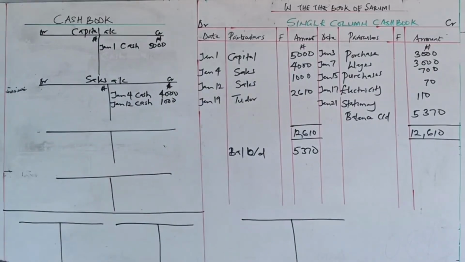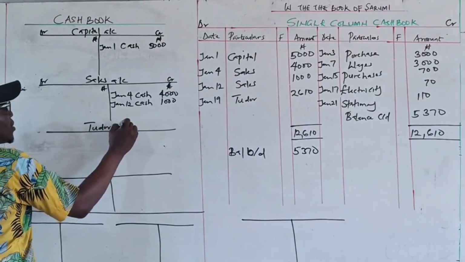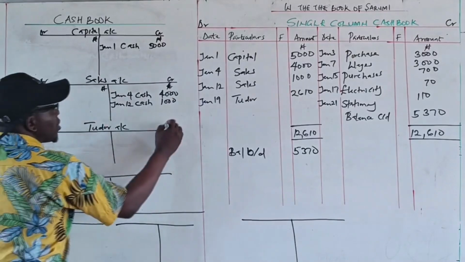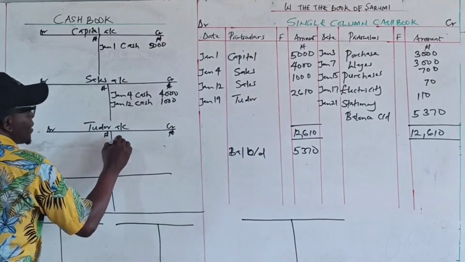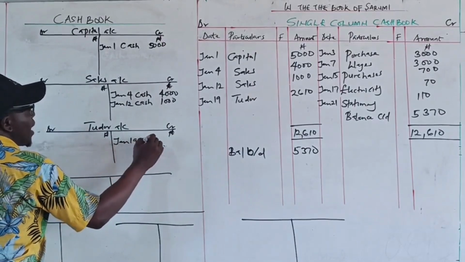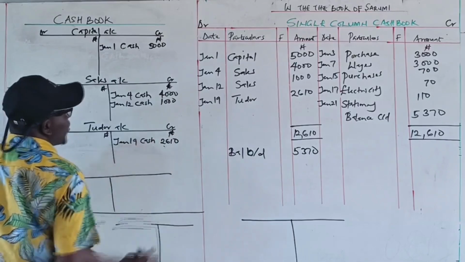The next one is the trade account. So I have January 19, cash, 2,610.